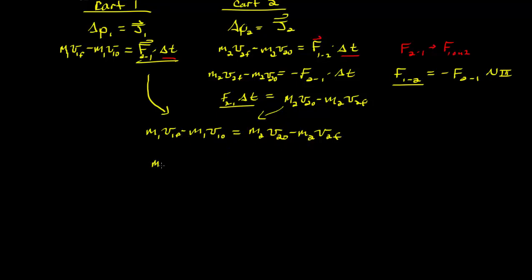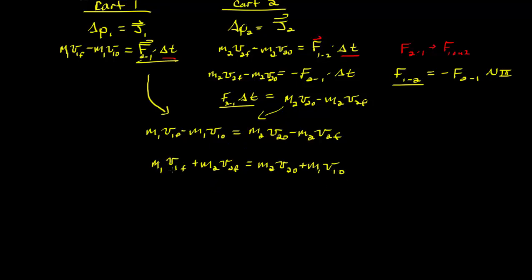So I get mass 1 v1 final plus mass 2 v2 final equals mass 2 v2 initial plus mass 1 v1 initial.